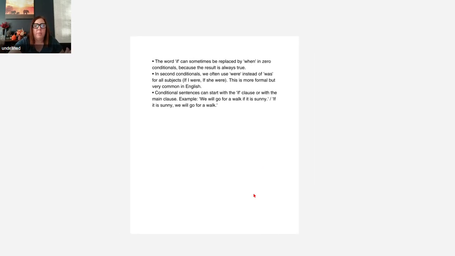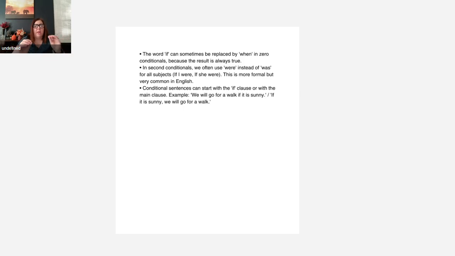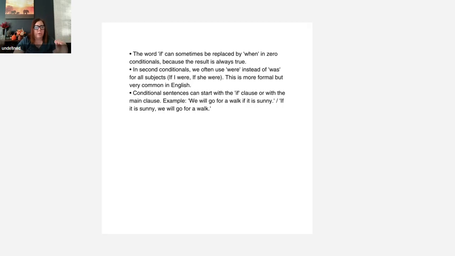And I want to add one more thing. The word if can sometimes be replaced by when in zero conditionals because the result is always true. When you put the temperature of water to 100 Celsius, the water will boil.